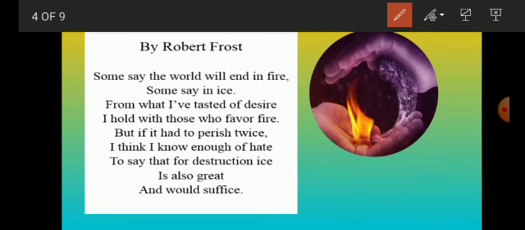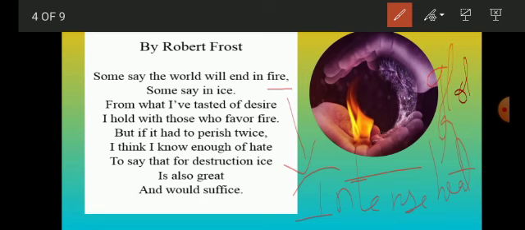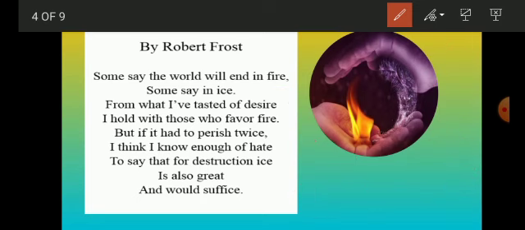The fiery passions include desire, violence, fury, etc. And here in this line, fire means the earth would meet its end due to intense heat. Intense heat leads to global warming, right? So due to global warming or the high level of heat produced, the earth will be destroyed due to fire.